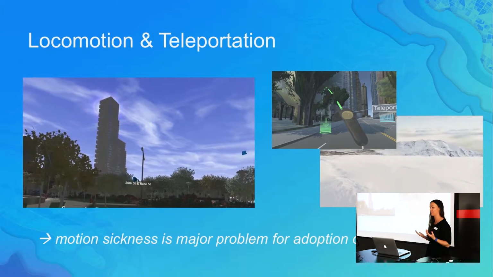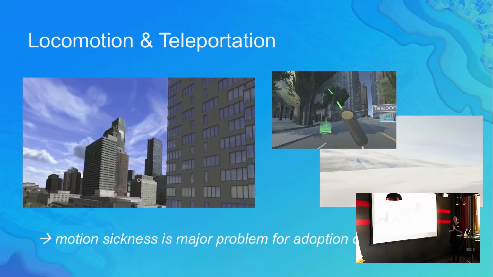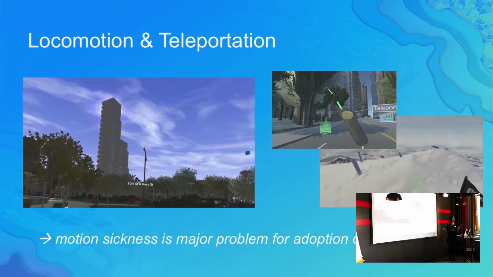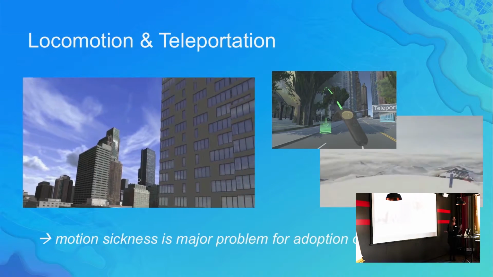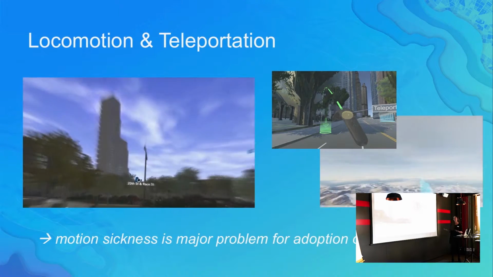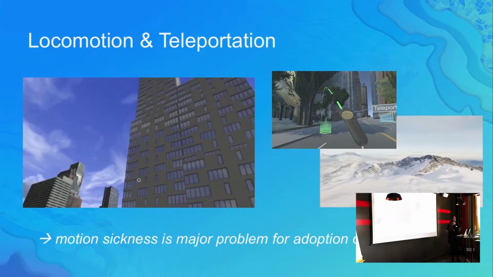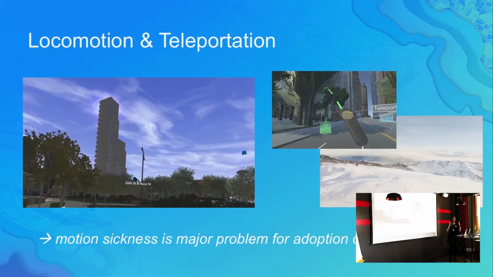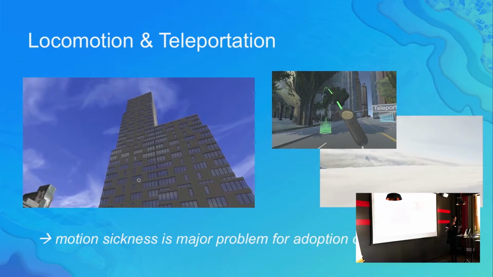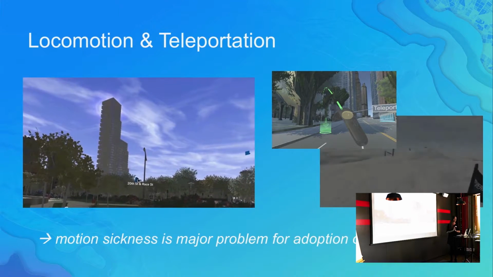Then you have this issue about locomotion and teleportation. One of the main reasons why VR hasn't been adopted by everybody is essentially that people get motion sick. It really is a big problem when a lot of people put on the headset and a couple of seconds or minutes in, they're not feeling so good anymore.